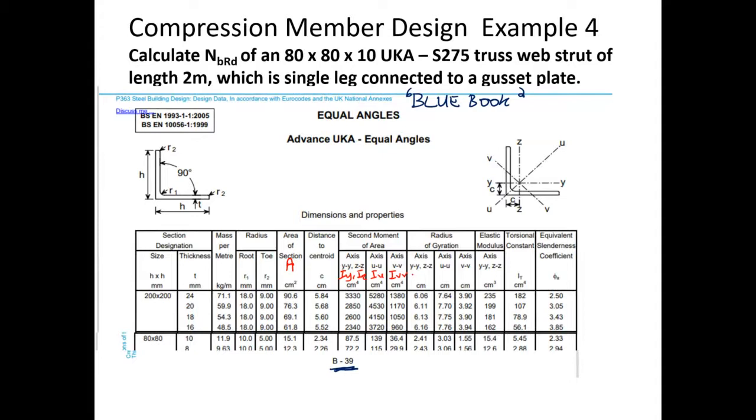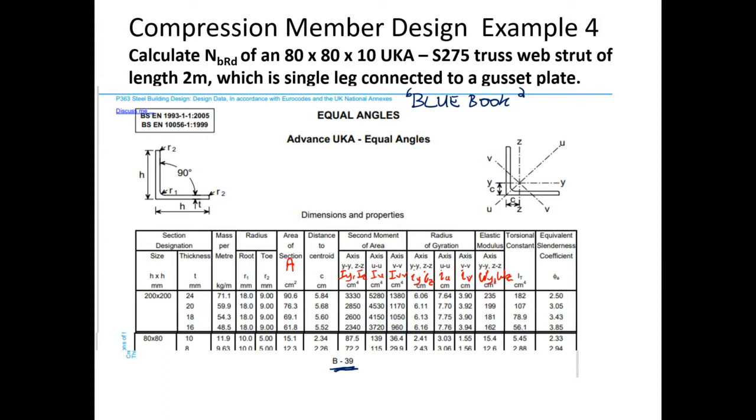Then the radius of gyration, iy, iz, iy, iu, okay, so they're all the radius of gyration. And then the elastic modulus, so we need the elastic modulus, Wy, Wz. We have the torsional constant, IT.